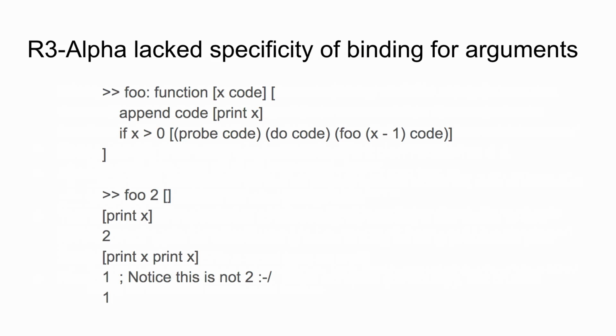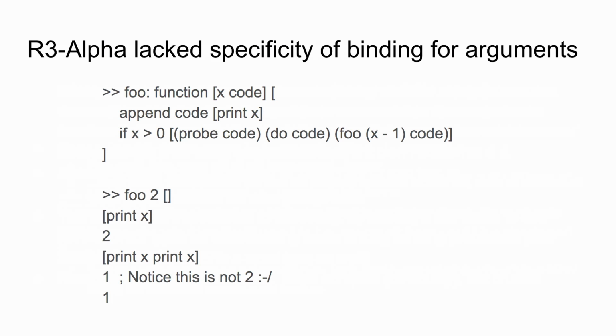And you might say, oh, well, you're writing the recursion, can't you just work around it? Well, no, not if it's a user who is doing that composition not knowing how you've implemented it. They are combining parts in ways you may not have predicted. And so specificity of binding is pretty important.